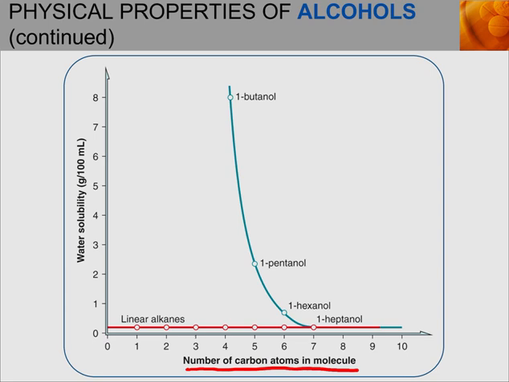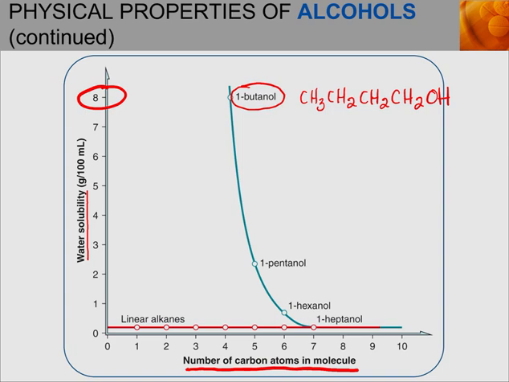On the y-axis, we have water solubility, and that's increasing going up. So let's look at 1-butanol. So that looks like the following. So there are 4 carbons on there, and this has actually a pretty good solubility in water.